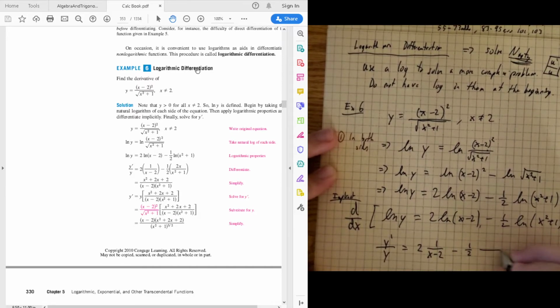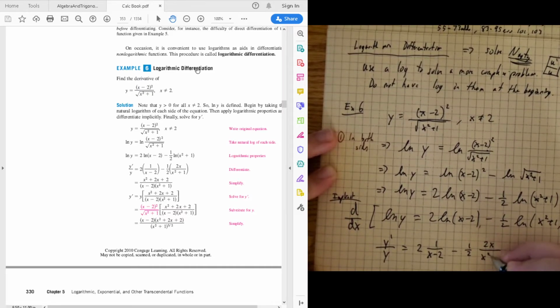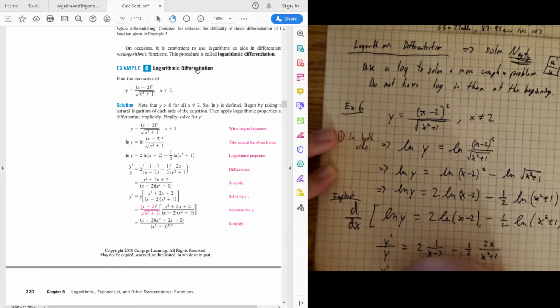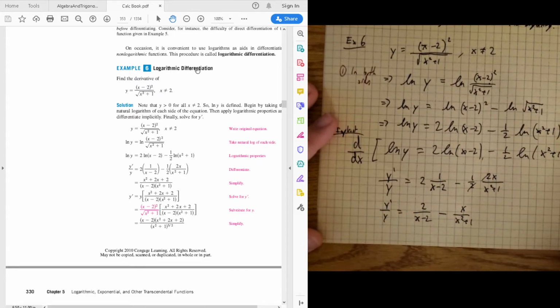And then on the other side, x squared plus 1, u prime would make this a 2x, and u would make this an x squared plus 1. So we end up with y prime over y equals, the 2 would move on top, so 2 over x minus 2, minus, the 2 and the 2 will cancel, leaving me with x over x squared plus 1. So there we have it.